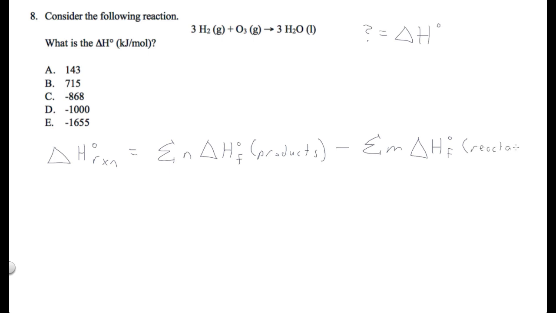3 times negative 187.8 minus 3 times 0, which is just 0, minus, plus, well, yeah.